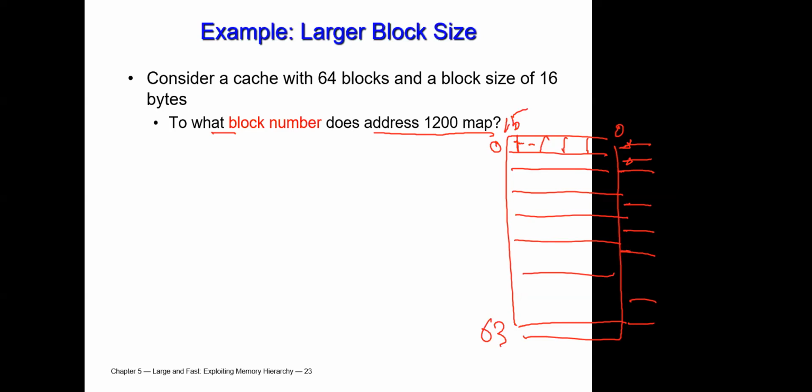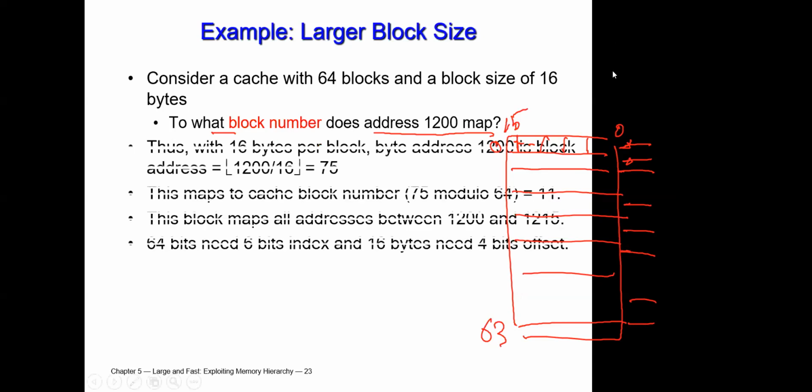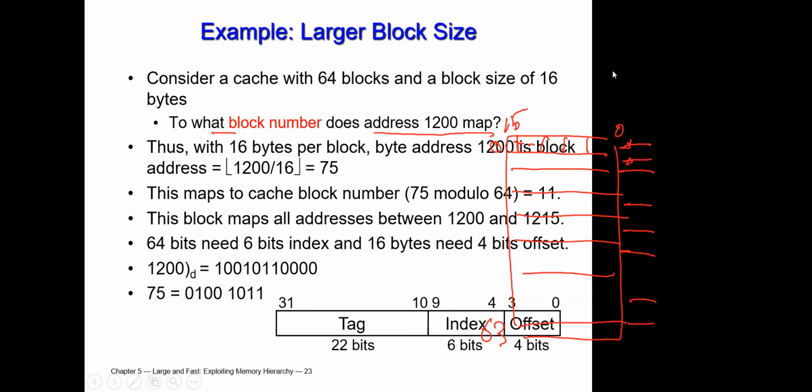We can solve this in 2 different ways. First, I can say, okay, let's see. If I divide 1200 by 16 and floor it, what number will that give me? Which will basically give me 75.